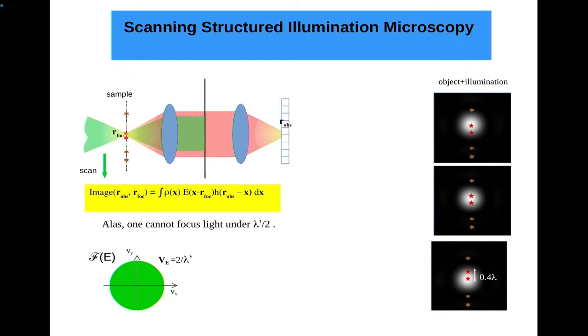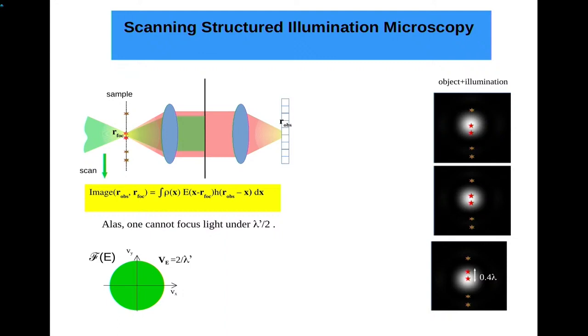Okay, so this is what you've got. And of course, you need multiple illuminations. So what do you do when you use a focused beam? You scan the focused beam, which amounts to taking many images with many illuminations. So you scan it over your sample.